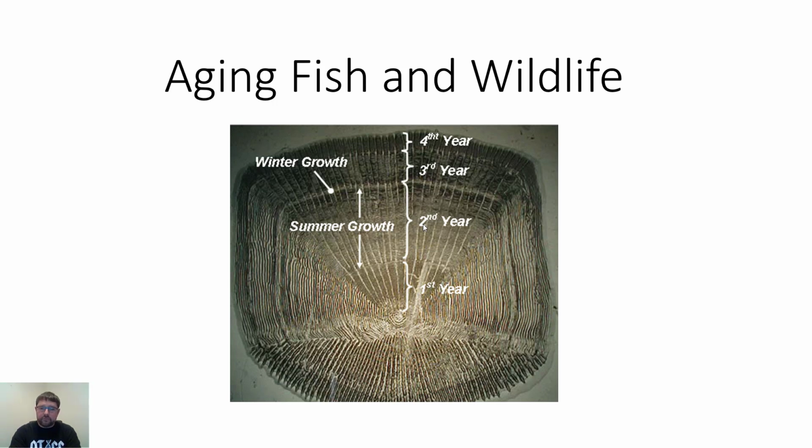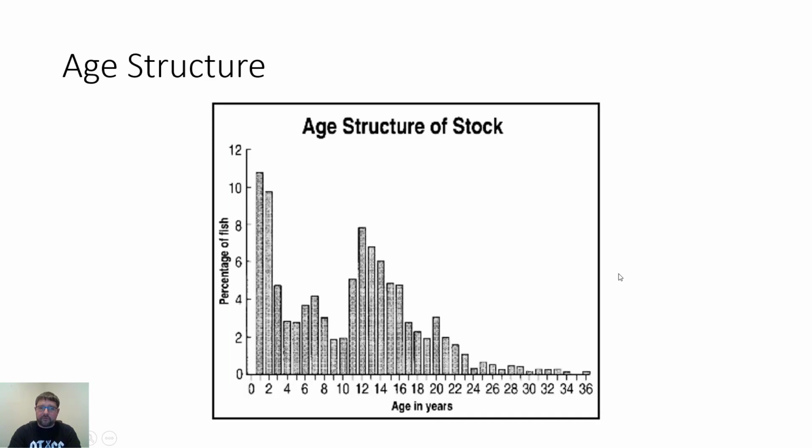So let's look at some other things first, though. Why would you want age, or what does age tell you? Age can tell you quite a bit of information about your fish population.